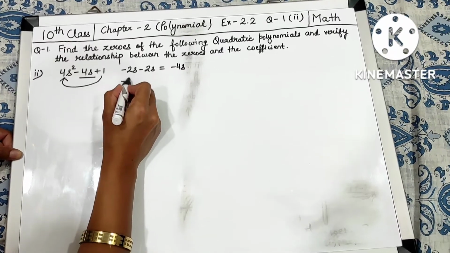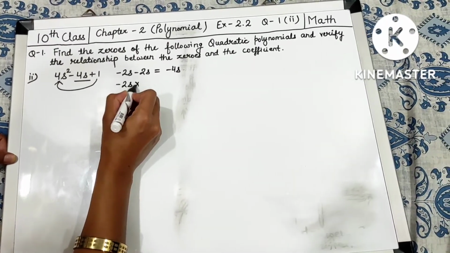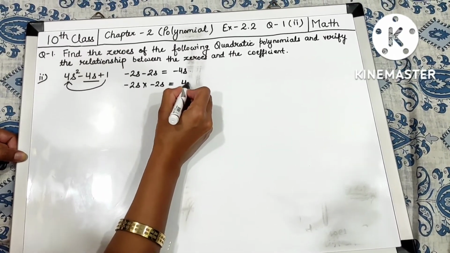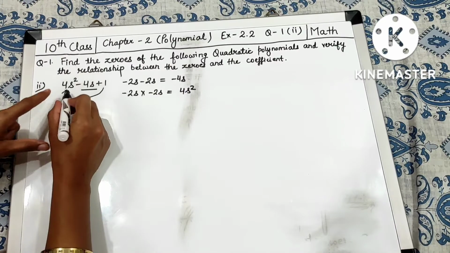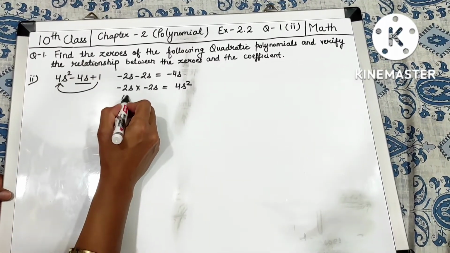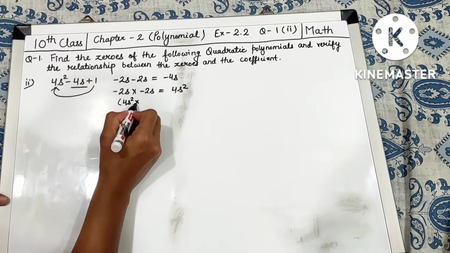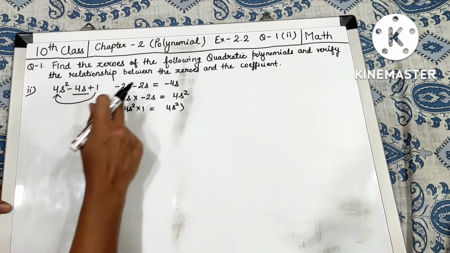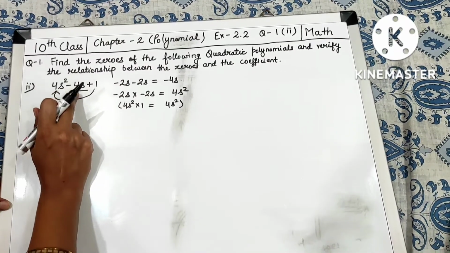If I multiply these two factors, then it will be 4s square, which is equal to the product of 4s square into 1. Like 4s square into 1 also equals 4s square. So these are the factors of minus 4s.